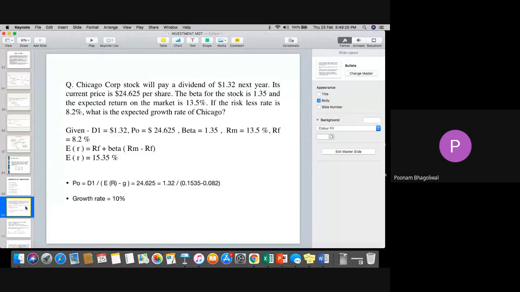Please explain again how to calculate ER. Yeah, the formula is RF plus beta into RM minus RF. Risk-free return is given in the question as 8.2%. Plus beta 1.35 into RM, market return 13.5 minus 8.2.